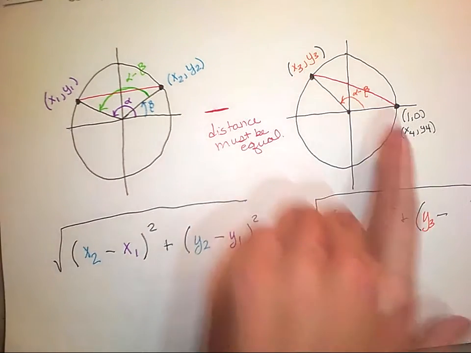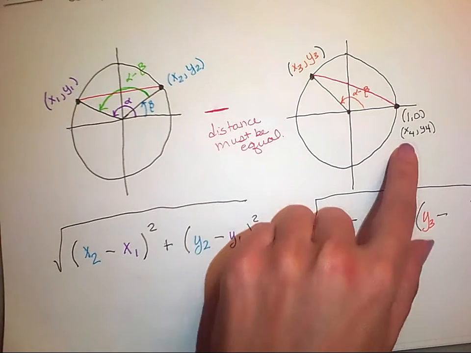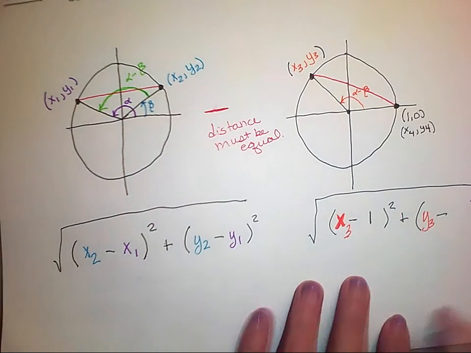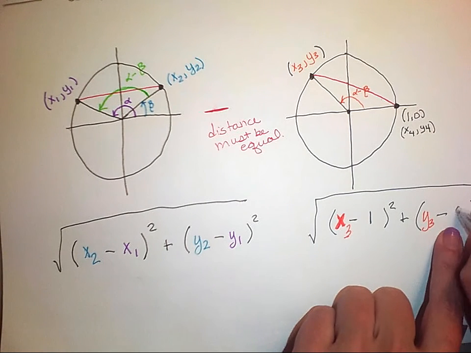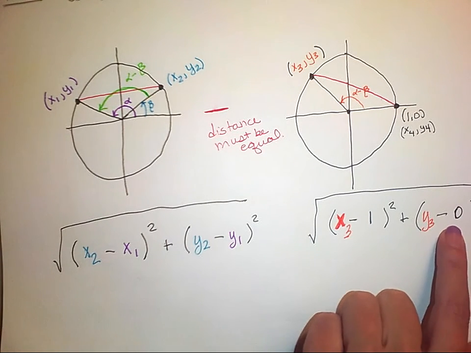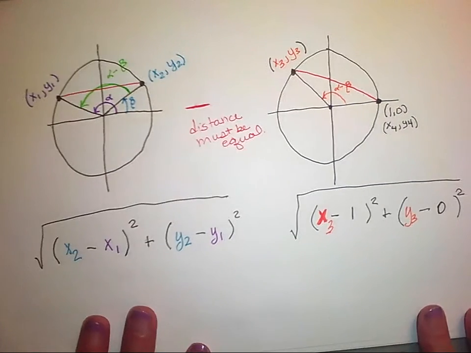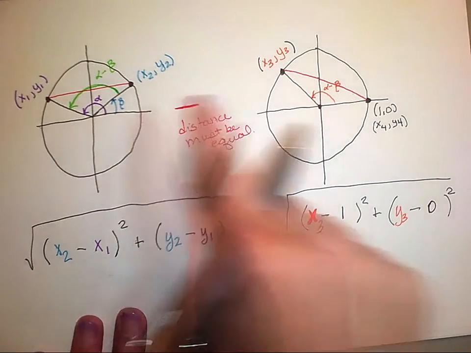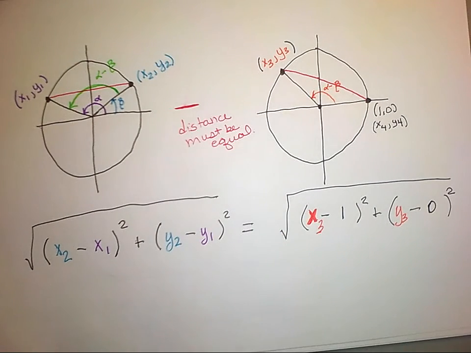Now the x coordinate here we already know. We don't have to label it as x4. We know the x4 coordinate is 1, and the y4 coordinate is 0. So that's just basic algebra, the distance formula, and then from the proof we know that these have to be equal from the way we've set it up.